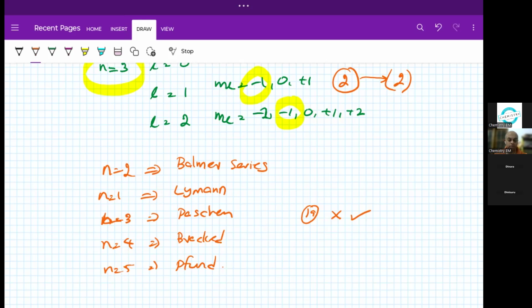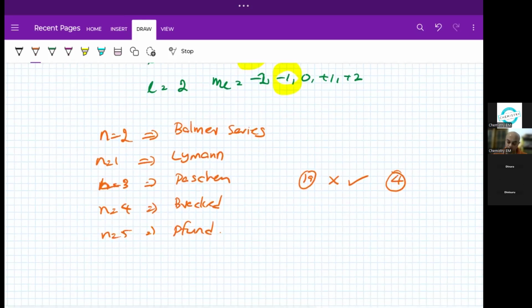Okay. So the first statement is wrong, the second statement is correct. I have explained this one in the previous class, so the answer should be the fourth one.